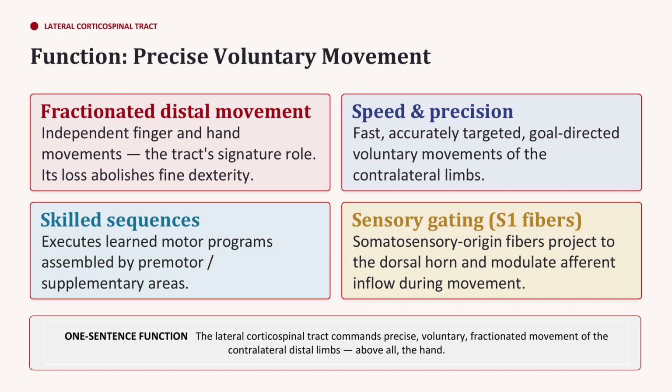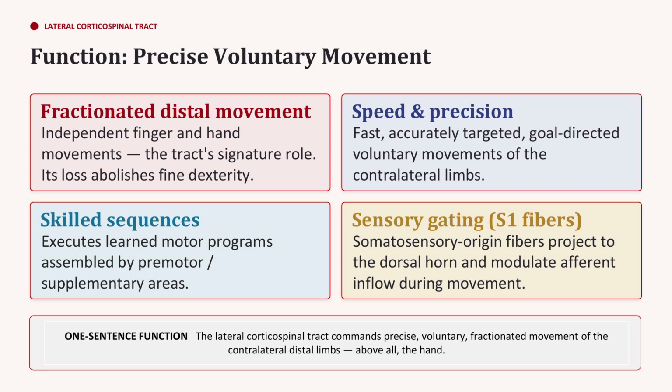Now the function, because a board question will ask you to distinguish what this tract does from what the brainstem tracts do. The lateral corticospinal tract is the master of fractionated distal movement, the ability to move one finger without moving its neighbors. That is its signature, and it is why loss of this tract devastates fine dexterity, while leaving cruder proximal and postural movements relatively preserved, since those are supported by the brainstem systems.